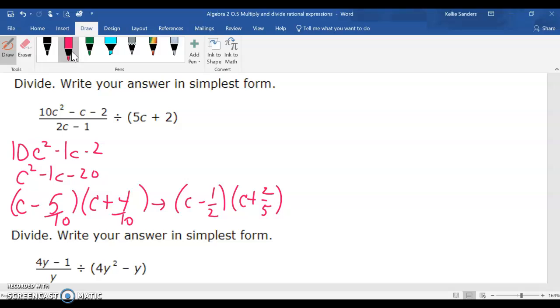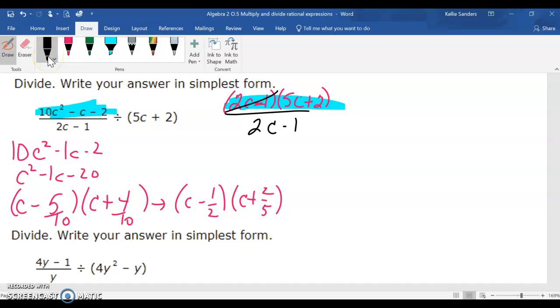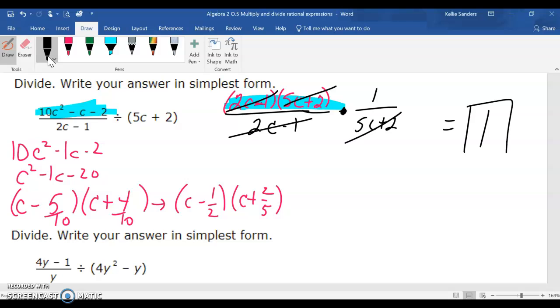So this becomes 2c minus 1 and 5c plus 2 over 2c minus 1. I am getting rid of those automatically. And then I'm going to change that divide sign to a multiplication sign. And I'm going to flip that 5c plus 2, and those are on top and on bottom. So our answer is 1. Love it.